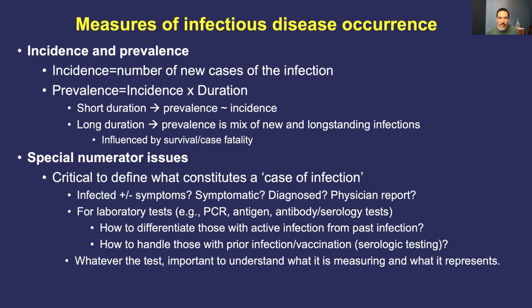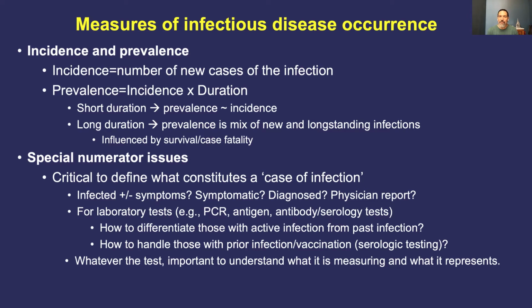So lastly, in this section of the lecture, epidemiologic measures of infectious disease occurrence include things like prevalence and incidence, things that you've learned in your basic epidemiology course. But recall that the prevalence of infection is equal to the incidence times the duration of the infection. When the duration of the infection is short, the prevalence is essentially equivalent to the incidence.